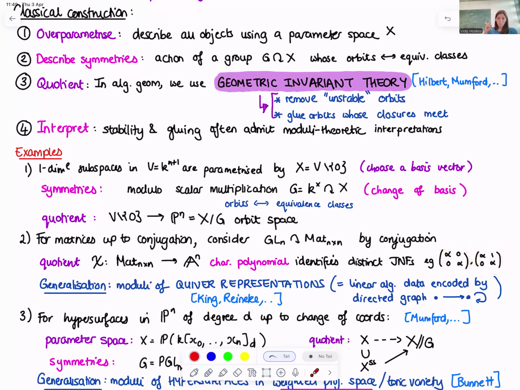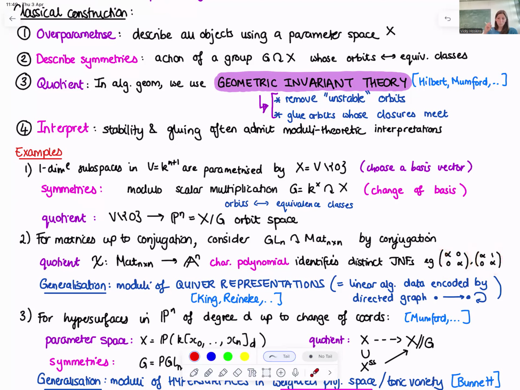And then another classical example is to look at hypersurfaces in projective space of a fixed degree D up to a change of coordinates on the projective space. Here, these are naturally parameterized, so you can just take degree D homogeneous polynomials. You don't want to take the zero polynomial, and you want to projectivize because rescaling the polynomial doesn't change its zero locus, right?